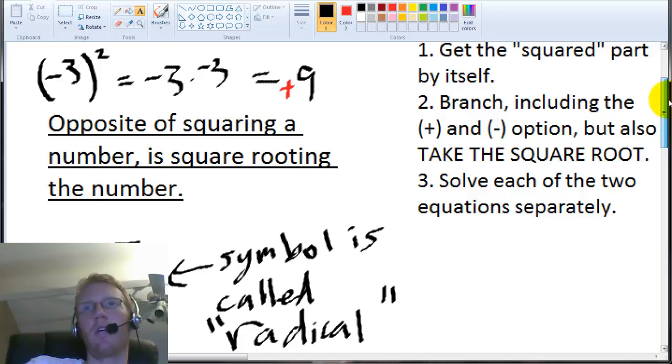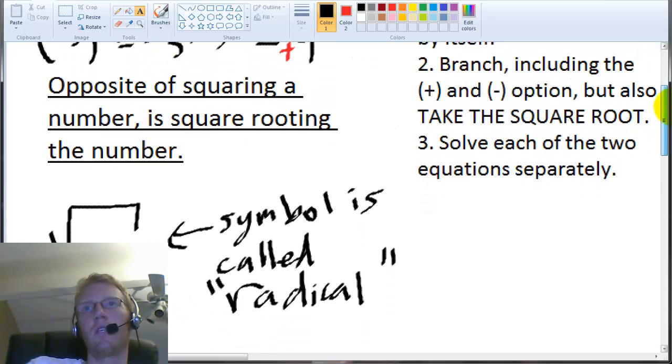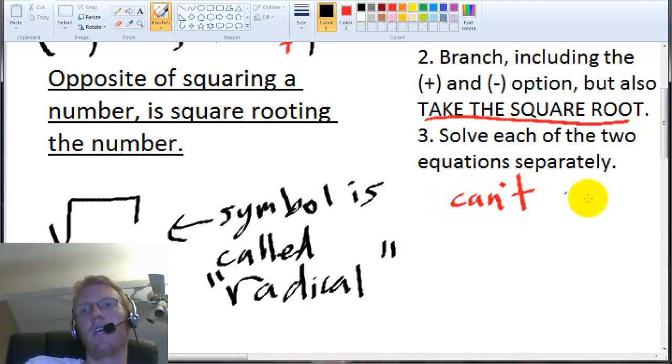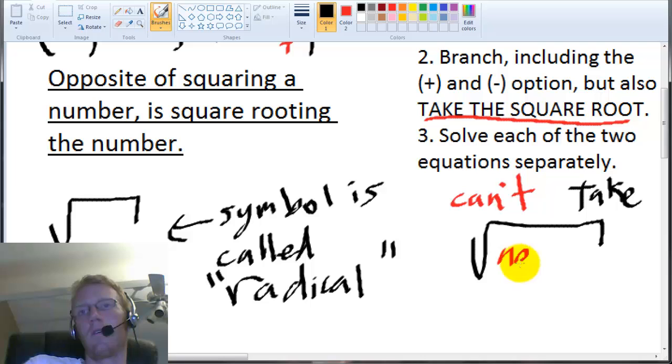And there's one more thing that I want to say, which is this part here. When you try to take the square root, let me go back to my cursor here. When you try to take the square root, you can't take the square root of a negative. So there's no such thing as a square root of a negative number.